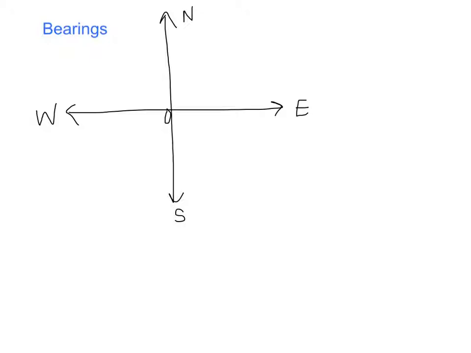And so when you are describing a bearing, it has three parts. It has a letter. So you start off with either north or south. And then the measure of the acute angle.